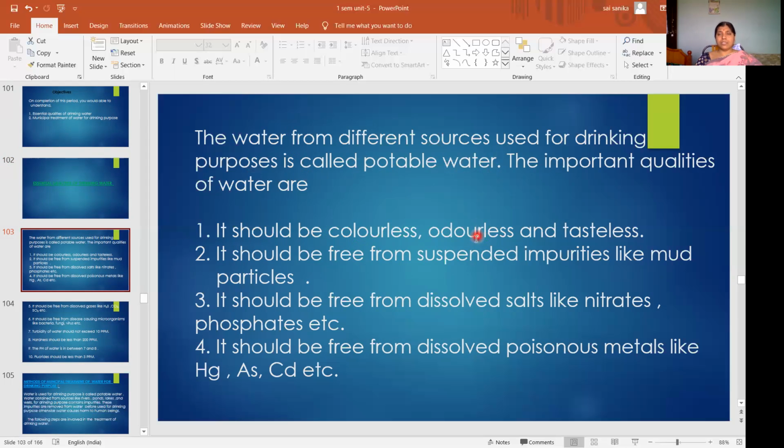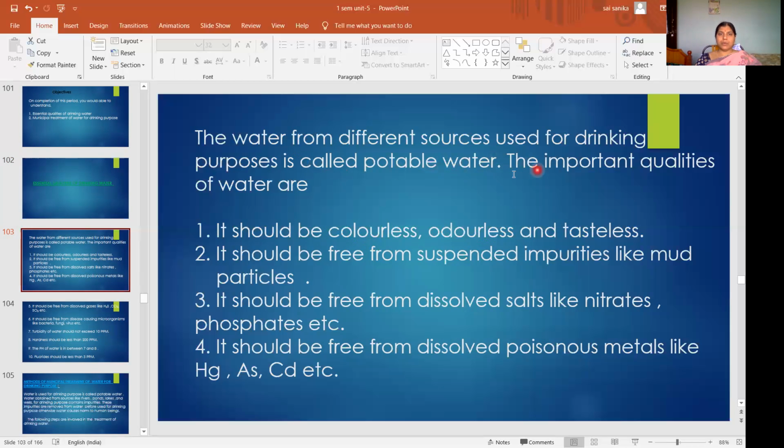Whatever water you are getting from different sources, already we studied the types of sources in the first class: river water, well water, lake water, like that. The water which is used for drinking purpose is called potable water.